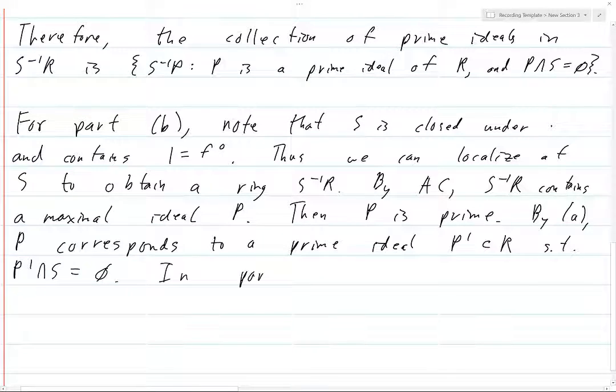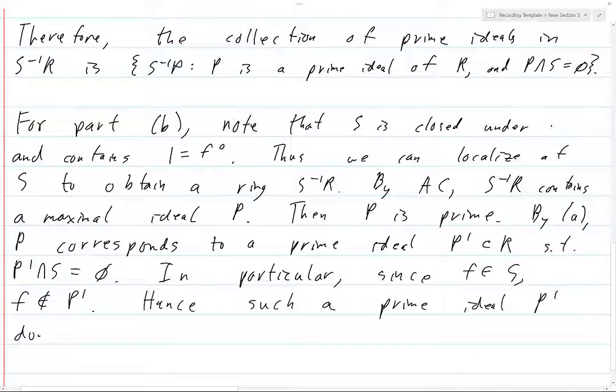So in particular, since our element F is in S, F is not in P prime. Hence, such a prime ideal P prime does exist. That means we do have a prime ideal P of R such that F is not contained in this prime ideal. So there we go.